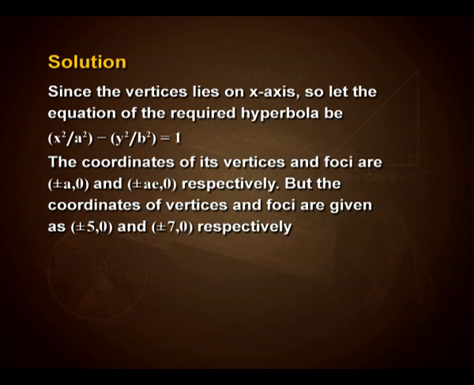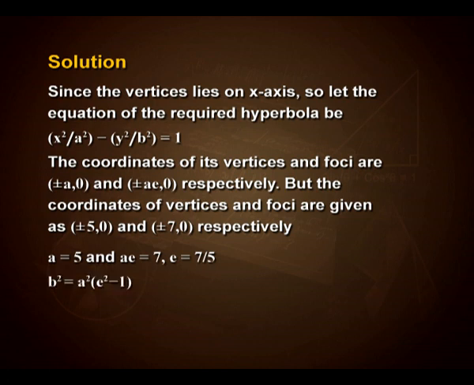But the coordinates of vertices and foci are given as plus or minus 5 comma 0 and plus or minus 7 comma 0 respectively.